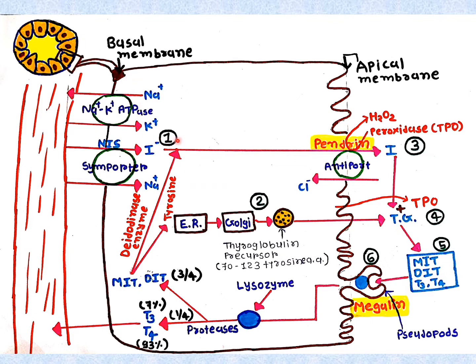Okay, now the first step of thyroid hormone synthesis is iodide trapping, or iodide pump, or sodium iodide symporter. You can see this NIS, or sodium iodide symporter, is located on the basal membrane.